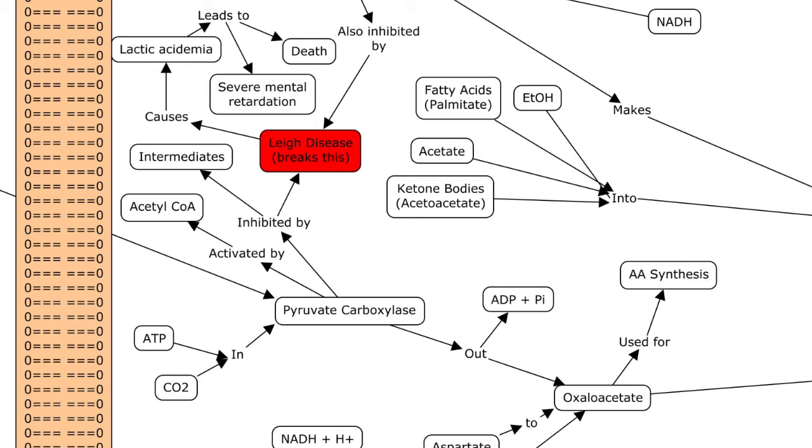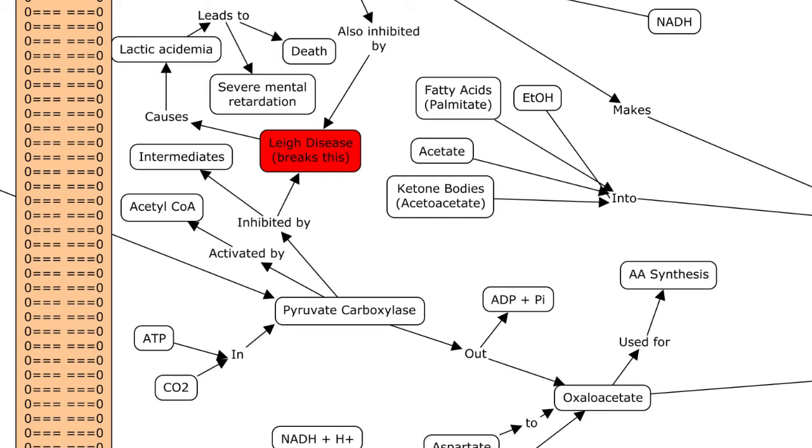And this is activated by acetyl-CoA, which makes sense, because if you go through the PDC, it's going to make acetyl-CoA. So if you've got a lot of acetyl-CoA, it might just make oxaloacetate, especially if it's running low. So it's activated by acetyl-CoA, inhibited by intermediates. So I'm guessing if you've already got a lot of oxaloacetate, you're probably not going to want to make more. It'll probably rather preferentially make acetyl-CoA.